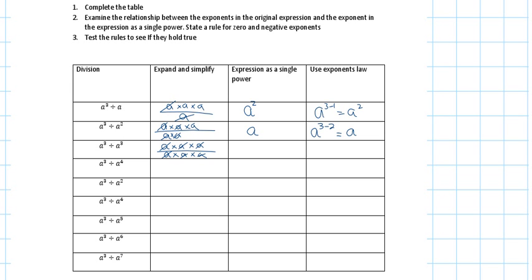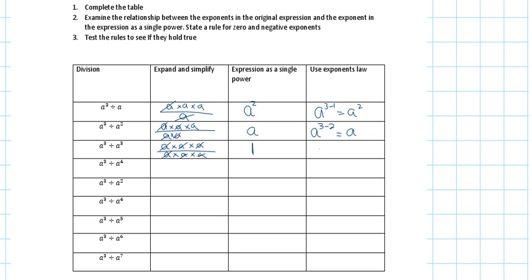Whenever you divide something by itself, what's your answer? 1. You're dividing a cube by a cube. It's 1. So the answer here is 1, not a. Anything divided by itself is 1, a letter or a number.